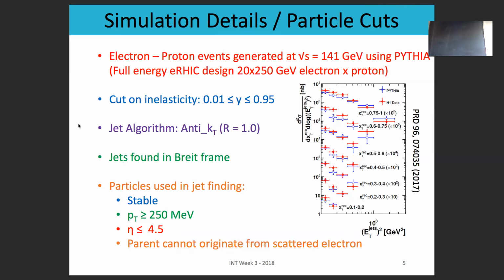This is done in PYTHIA. There are cuts on elasticity, and again, unless I specify otherwise, I'm looking at the anti-kT algorithm with an R of 1 in the Breit frame.